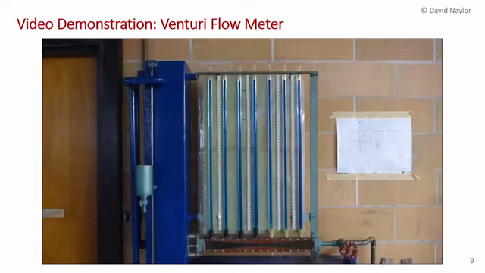Now, before I start the video, you'll notice here that there's no flow through the Venturi at the moment. This valve over here is closed, and so all of the piezometers here have fluid at the same height. They would be at equilibrium with the fluid in the tank, and so that represents the fluid level in the tank at the start. So now let's just watch the video.